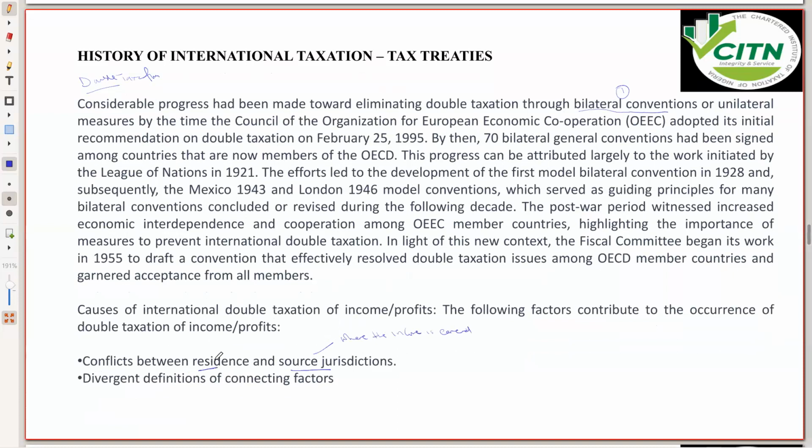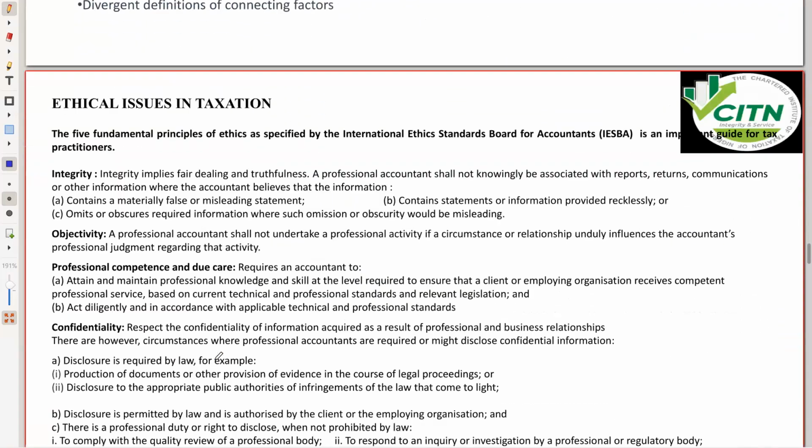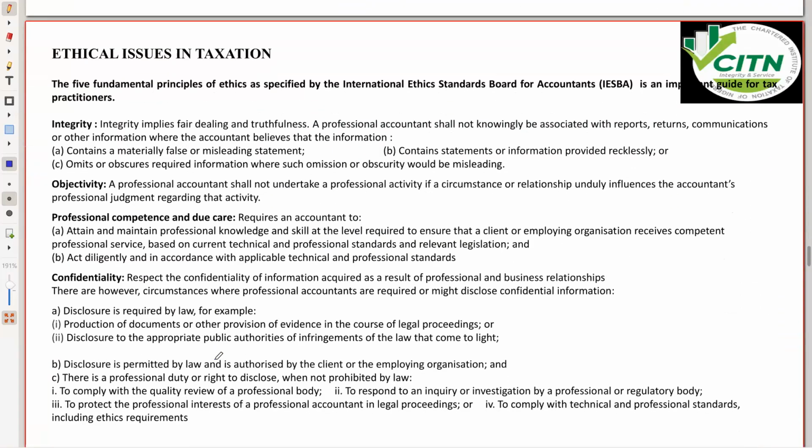So where there's that conflict, in other words, where you earn income is not where you stay, that's what we mean by conflict. There's a risk of double taxation of your income or your profit. Another thing would be that sometimes we have divergent definitions of a number of connecting factors, which we'll speak about in the course of our discussion.